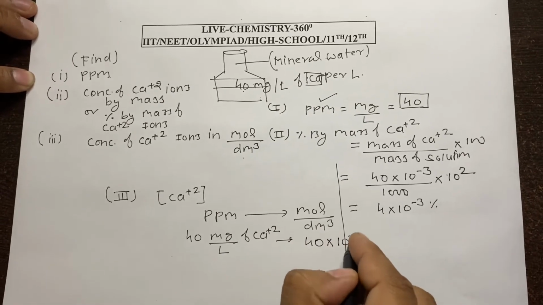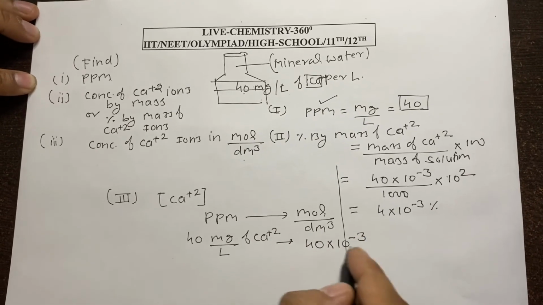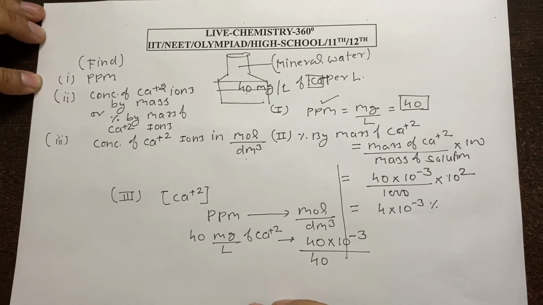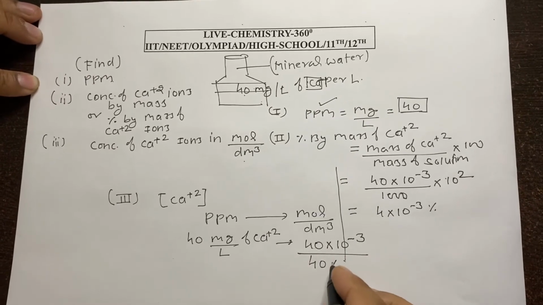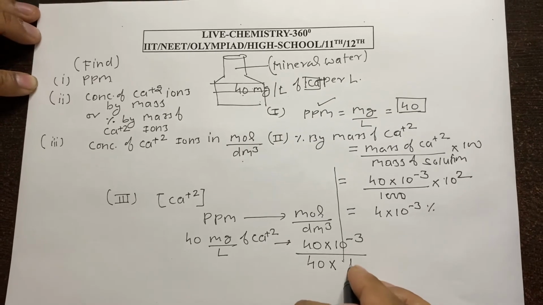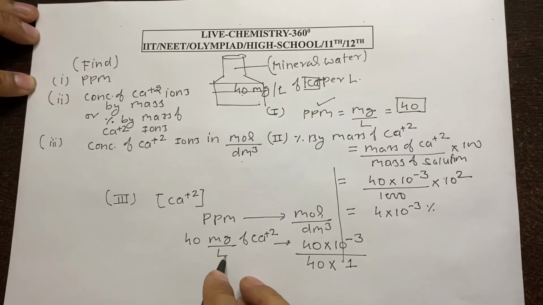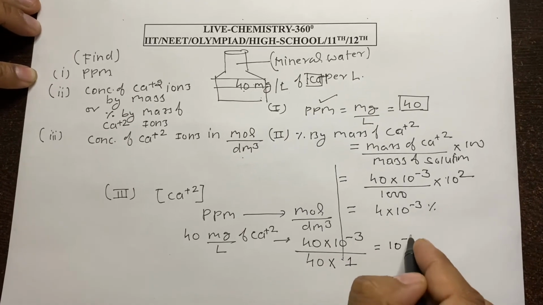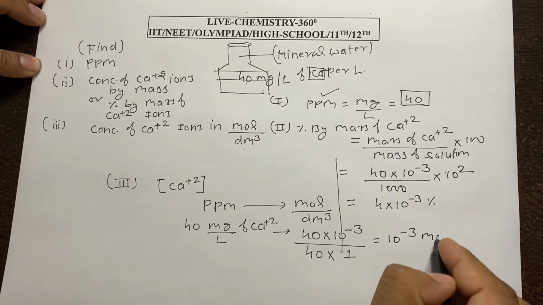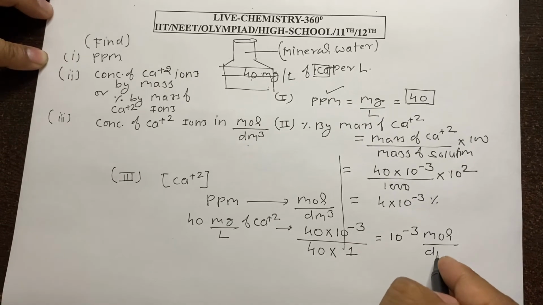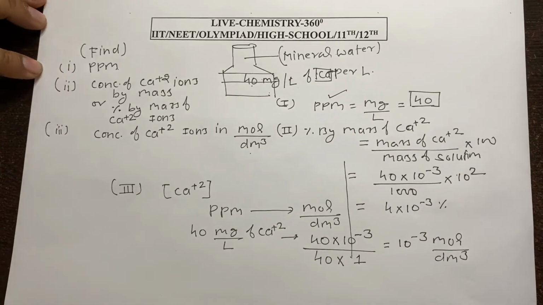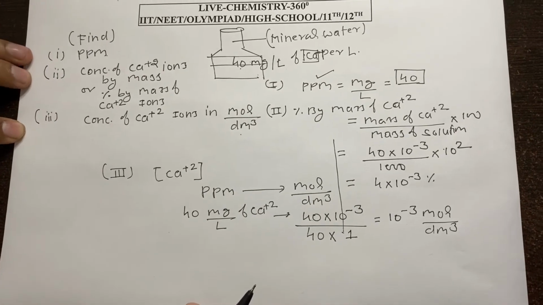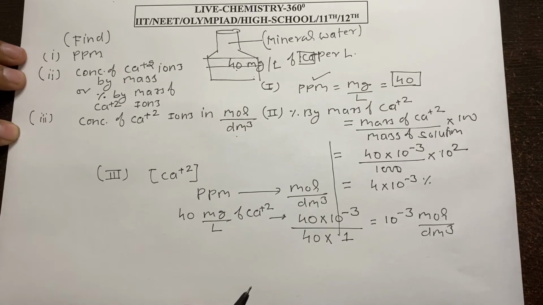So 40 into 10 to the power minus 3 gram, divided by 40, will be the moles of Ca+2, and the volume is 1 liter because it is milligram per liter. So this will give 10 to the power minus 3 mole per dm cube, which is the simple conversion of ppm into mole per dm cube, or concentration, which is molarity.